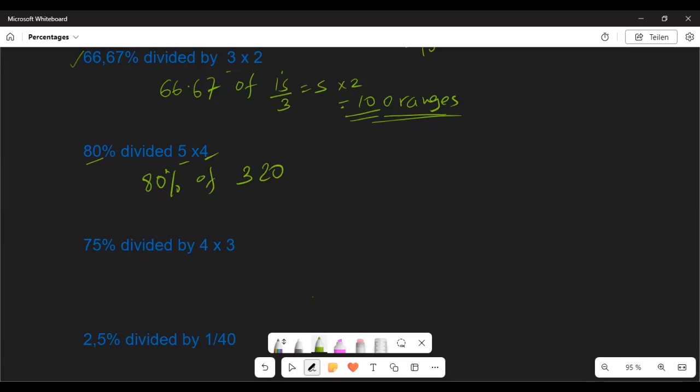So here, we're going to quickly divide 320 by 5 and then multiply that number by 4. That should give us 256. Because 5 goes here once, 5 goes here 64 times. And 64 times 4 will give us 256.